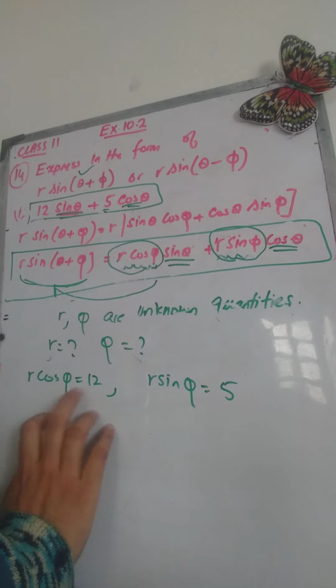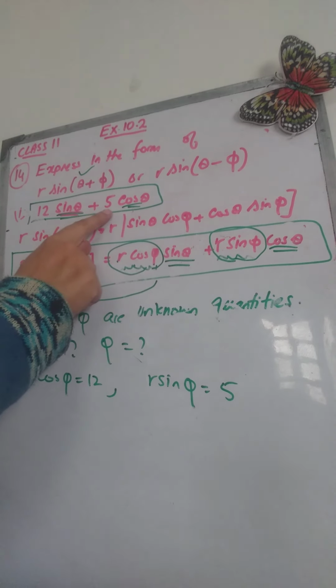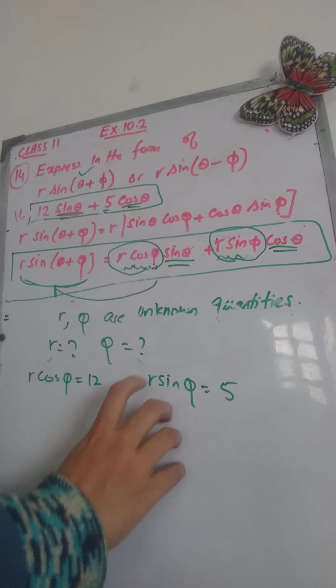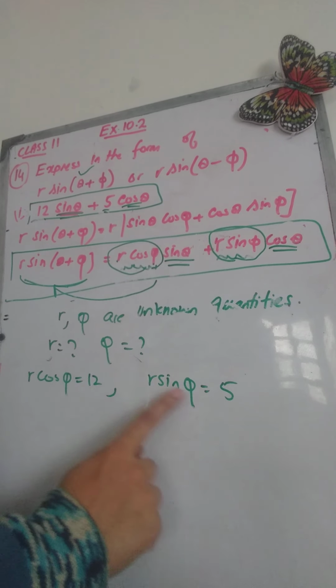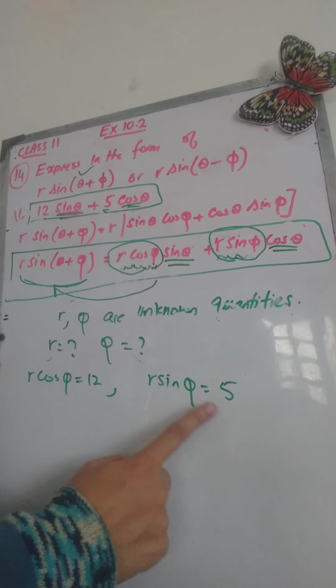After r cos phi becomes equal to 12, I can replace 12 by r cos of phi, and I can replace 5 by r sine phi. But we have to find such values of r and phi which will make r cos of phi equal to 12 and r sine of phi equal to 5.